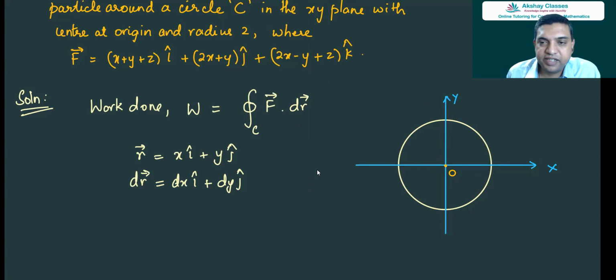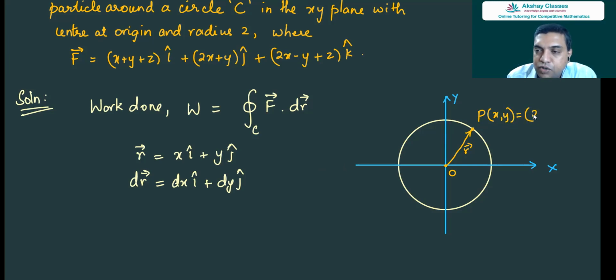So there's the origin and radius 2. Now any point P on this circle, this OP is this vector r. This is x comma y. Now this will be 2 cos theta, 2 sin theta. We can write in terms of polar coordinates. The reason is we have to integrate around the circle. What remains constant is the radius. What changes is the angle.